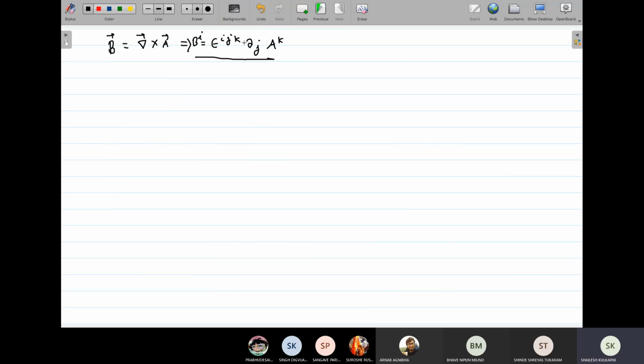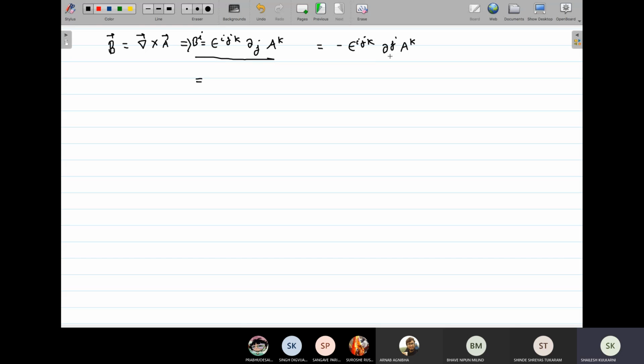But you see, this I can write in the following way. If I take this j up, then I am going to get minus epsilon ijk del j ak.